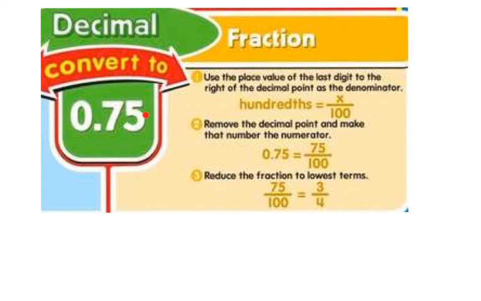So here, to the right of the decimal, the last digit is a 5, and that's in the hundredths place value column. So that means I'm going to put this decimal over 100. Then you remove the decimal point and make that number the numerator. So I get rid of the decimal point and put the whole number on top, and then I reduce it if necessary to lowest terms.